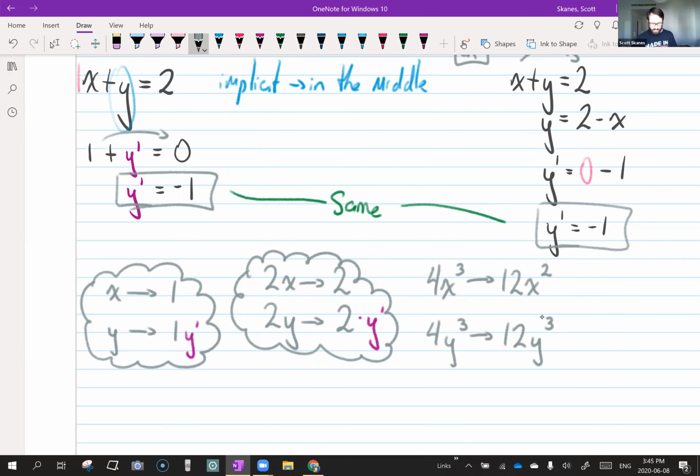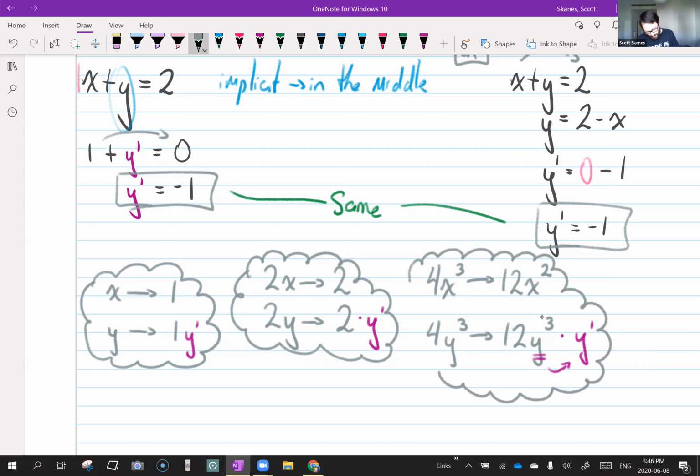I think of this as the power comes down, keep the inside the same, which is the y, don't touch it, then get the derivative of the inside. It's actually a chain rule. We get the derivative of this, which is our y prime. So our final answer, when we have y's, it always kind of spits out a y prime term, and that's what it looks like when we have derivatives of implicit functions.